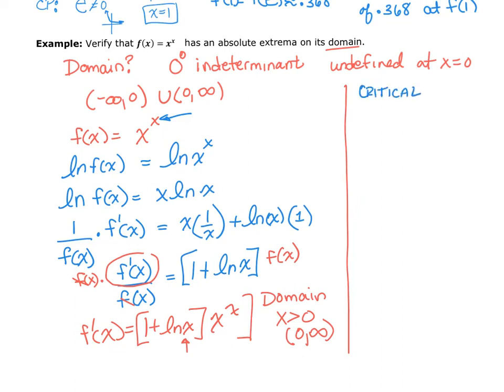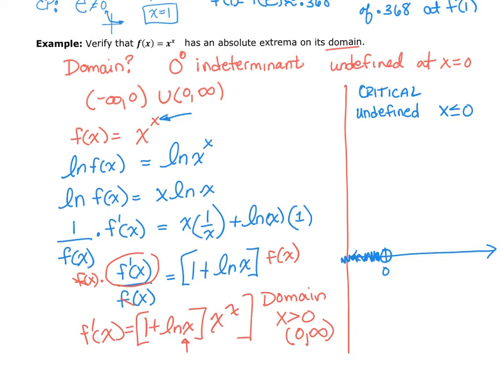Critical points are where the derivative is 0 or when the derivative is undefined. Well, we know that it's undefined if x is less than or equal to 0. And that's going to help us in a different way, because when we make our chart, what we know is nothing back here makes any sense. So we're just not going to deal with anything back there.